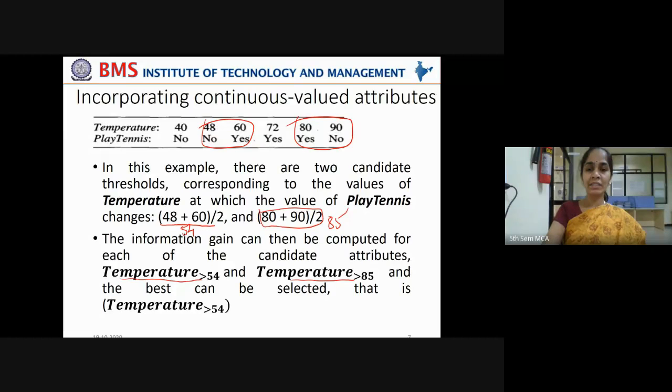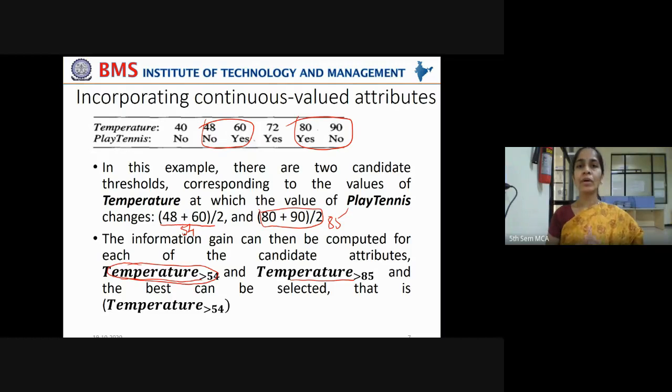After calculating the information gain, we can find that the temperature greater than 54 split point will have the highest information gain. So select that as the split point. The other one can be left out.